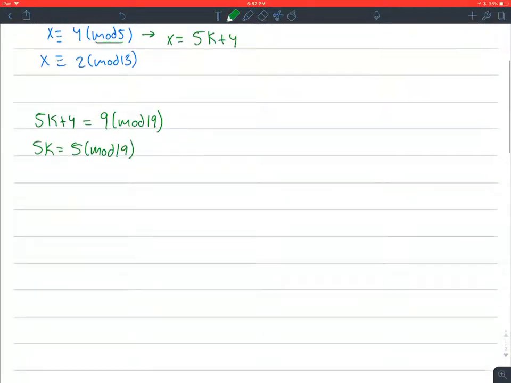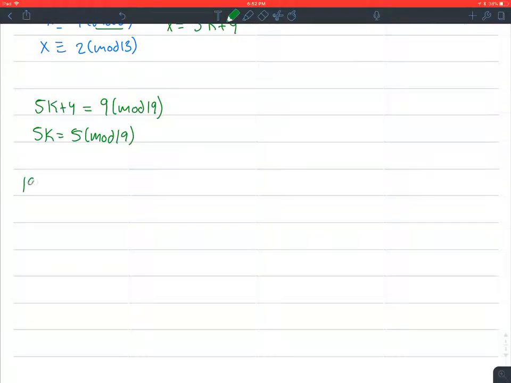Now I can do it the long way because I don't know how to do it in my head. You take whatever this number is, the 19, and you want to find how many times 5 can go into it. So it's 3, so it's 15, and then remainder 4, and then you get 5 equals 4 times 1 plus 1. When you reach this 1, you know that's when you're going to stop.